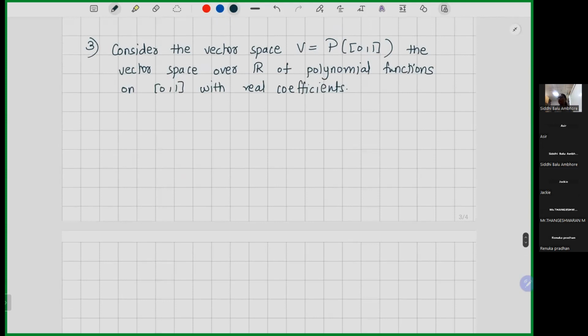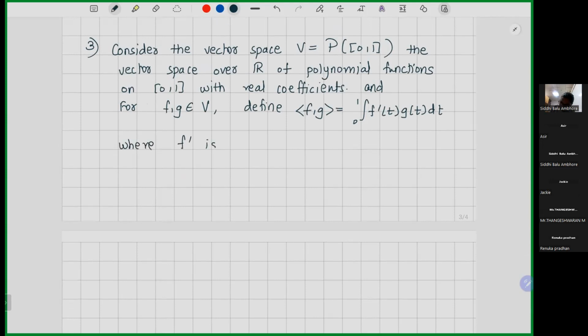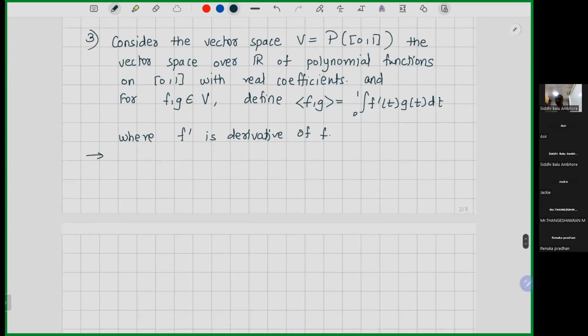For f, g in V, they define the map, not the inner product, the map, to be the integral from 0 to 1 of f'(t) g(t) dt, where f' is the derivative of f. So this is the given map.